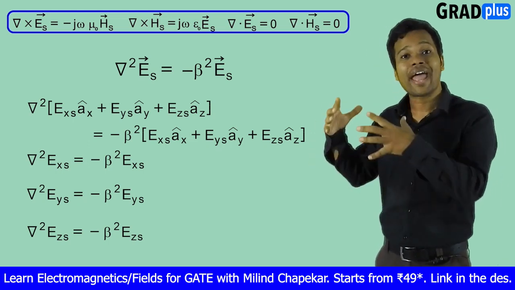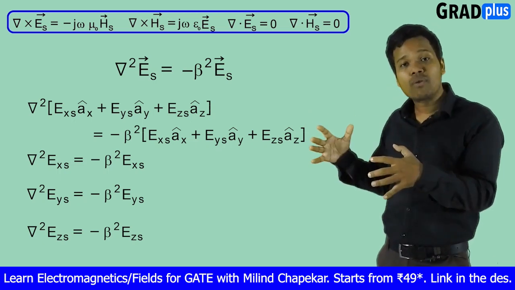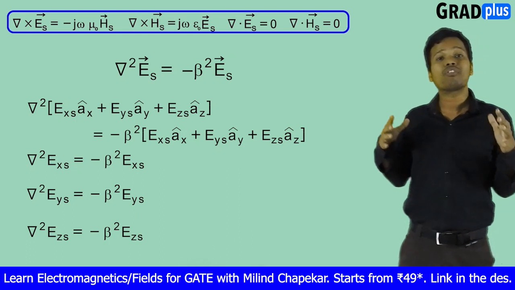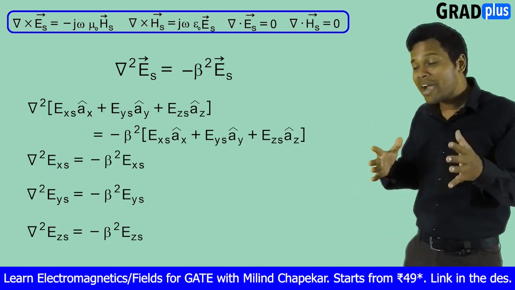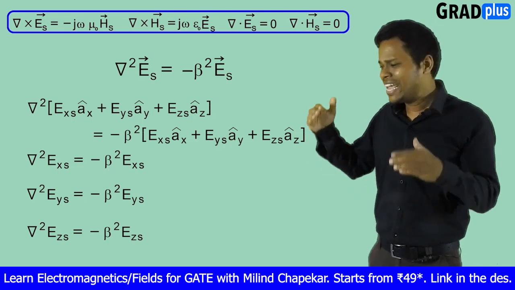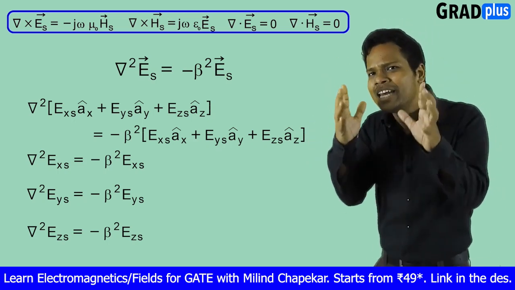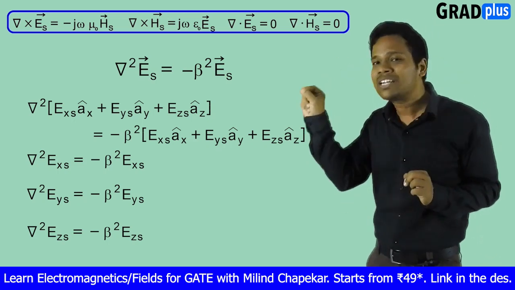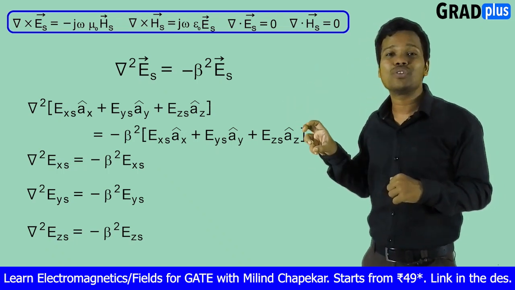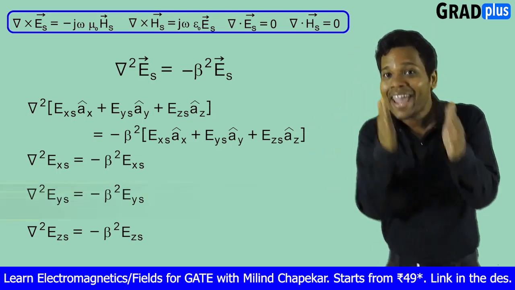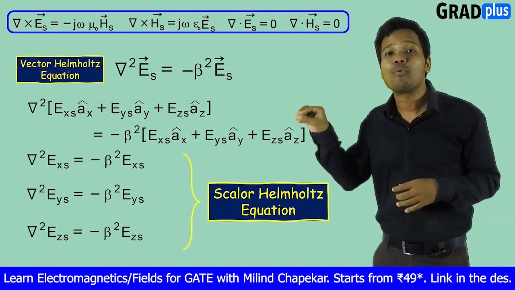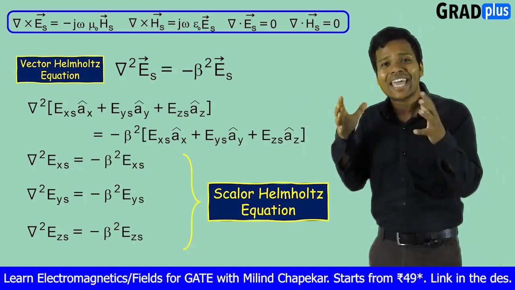One equation for the x component of E, one equation for the y component of E, and a similar equation for the z component of E. Now all these three equations look exactly similar to the vector Helmholtz equation, but these equations are known as scalar Helmholtz equations, one for each component of E, and these are scalar equations.